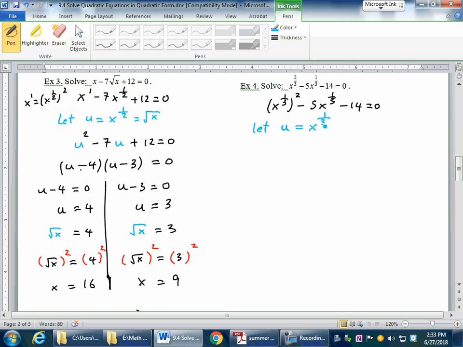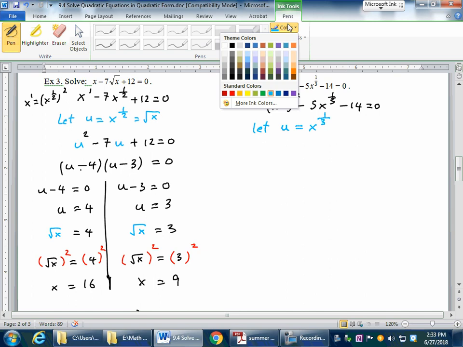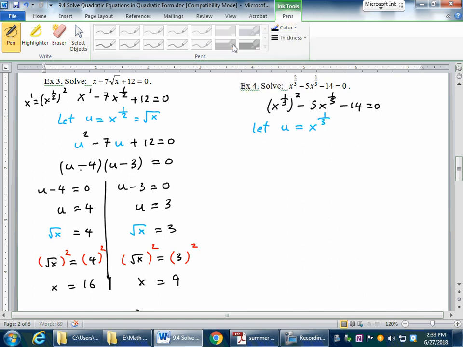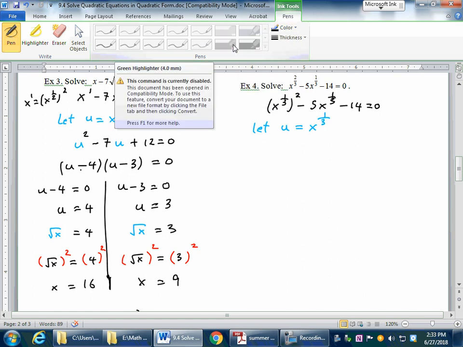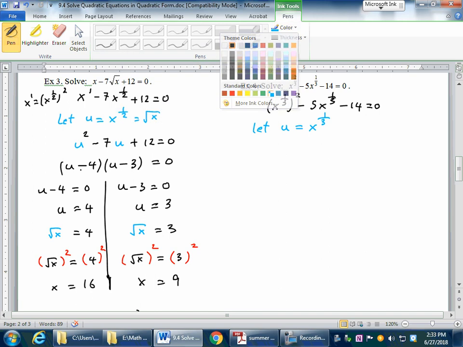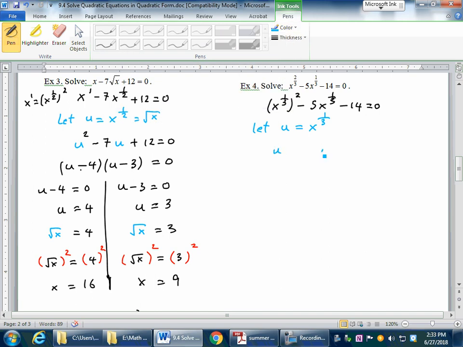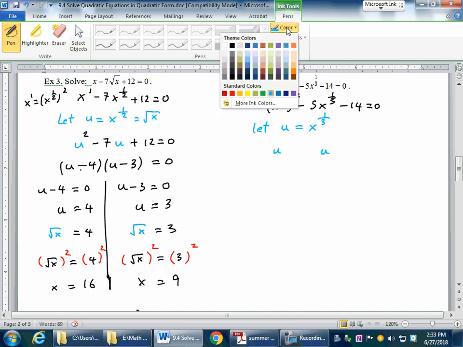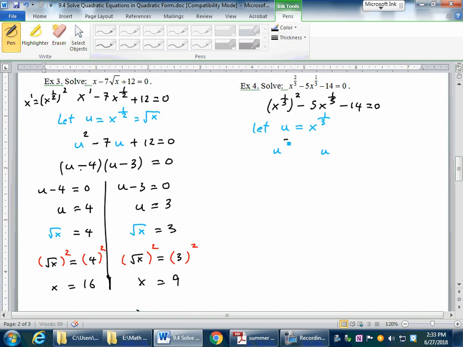By this time, you probably noticed that we always let u be equal to the variable of the middle term. That way it will come out nice and neatly, which is u squared for the first term, and then negative 5 times u on the second term. So u squared minus 5u minus 14 equal to 0.